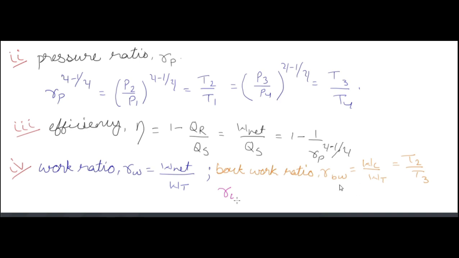As you can see, the addition of back work ratio and work ratio is 1, because we have work done of turbine in the denominator, and in the numerator we have W net and WC. Addition of both will cancel out WC, and we will have WT by WT is equal to 1. So work ratio plus back work ratio is equal to 1.